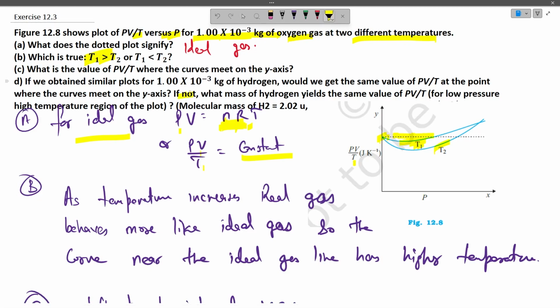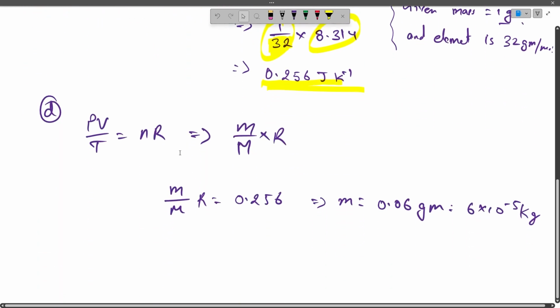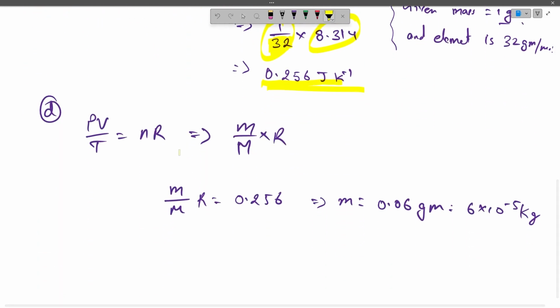So we have to find out at what mass the hydrogen yields the same value as that of oxygen. We know the PV by T value for oxygen, that is 0.256, and if we want to know the mass at which hydrogen will yield the same result, let M be the unknown value, and capital M, the molar mass of hydrogen, is 2.